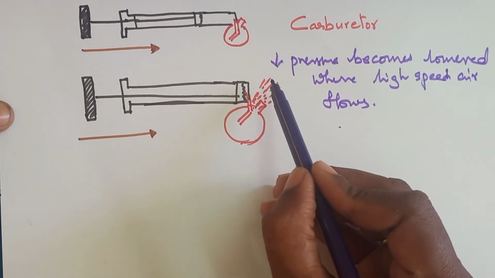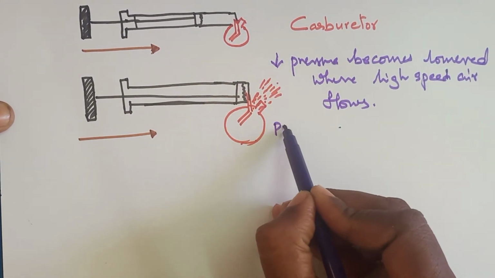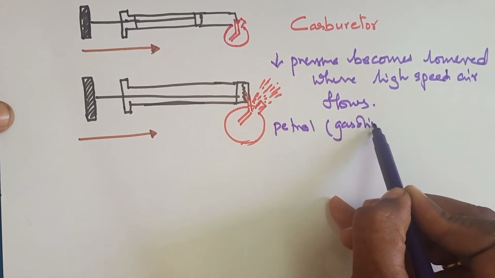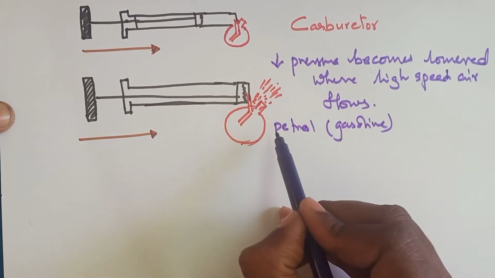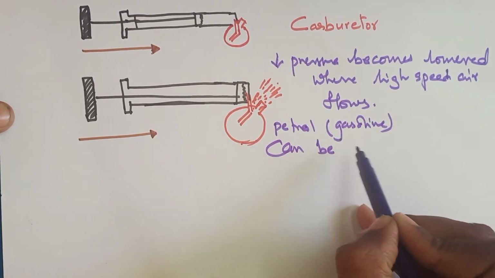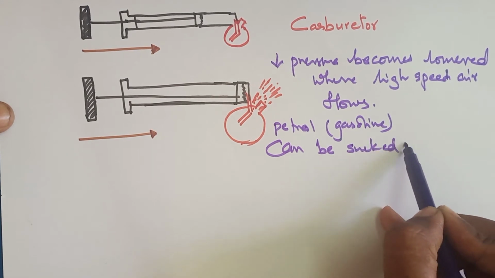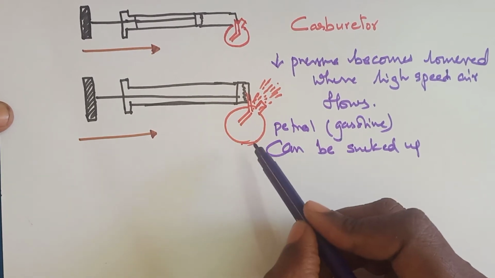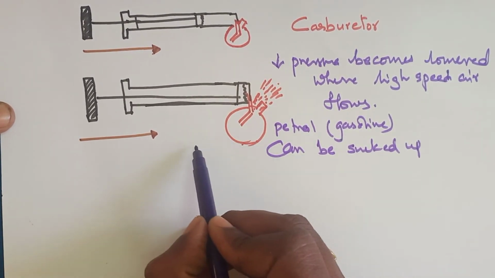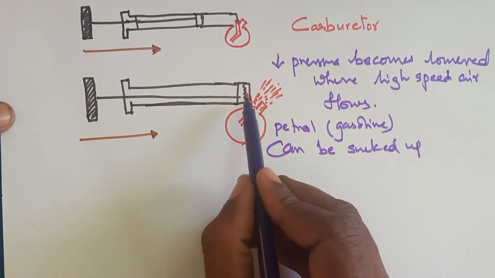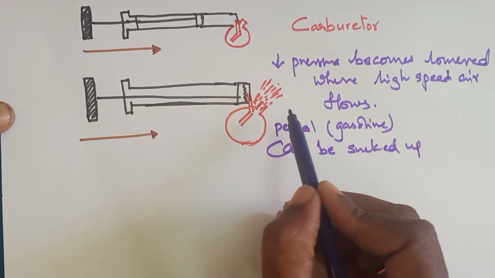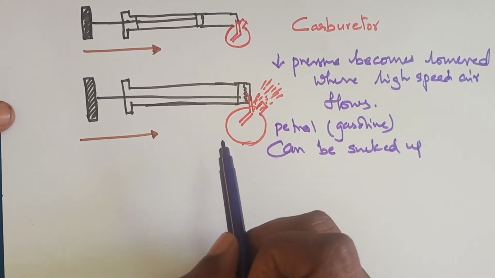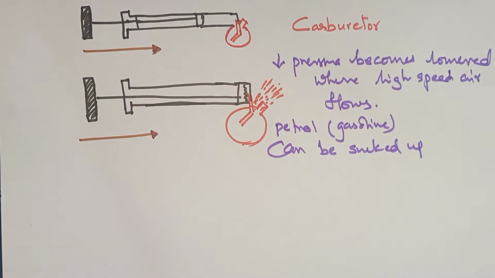So the suitable petrol, the petrol we can write as gasoline, can be sucked up here, and there is proper mixing of fuel and air and combustion occurs. So for proper combustion, this helps in burning the petrol. A spray gun also has the same type of formula.